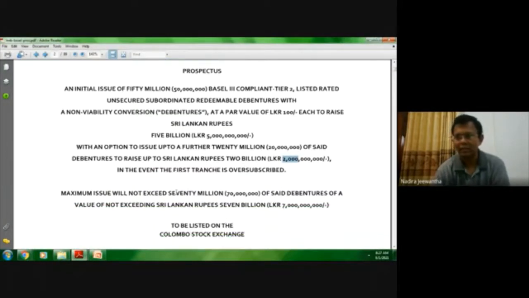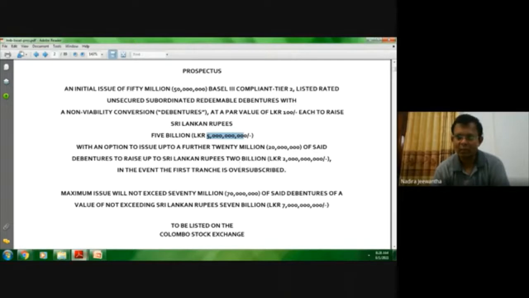Meaning what? Oversubscribed in the sense that they have not just succeeded with 5 billion, but 7 billion. If they have achieved 7 billion total, they can put the advertisement next day, oversubscribed. So oversubscribed means more than the requested amount they have received.